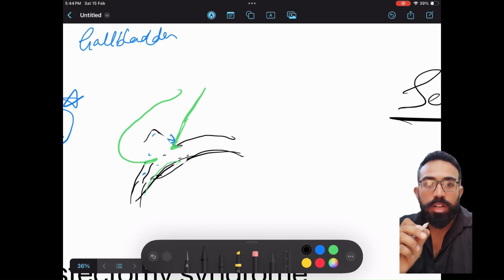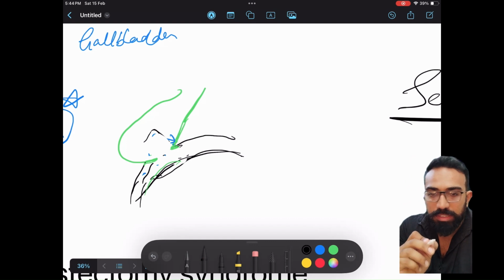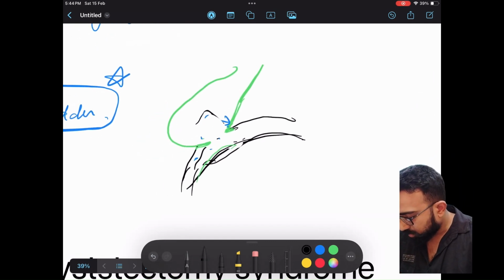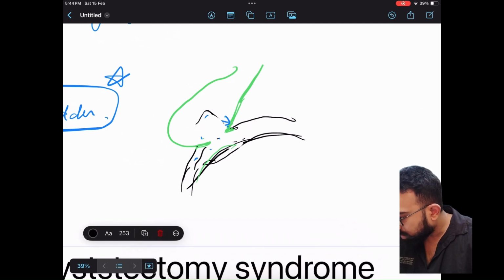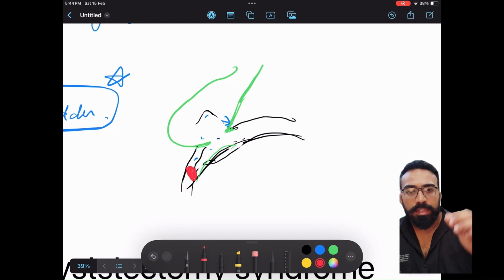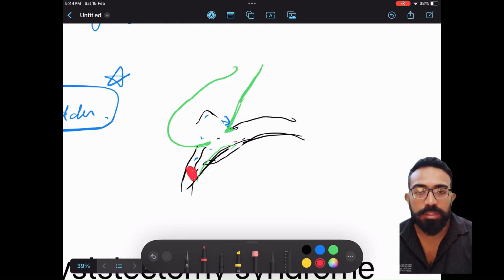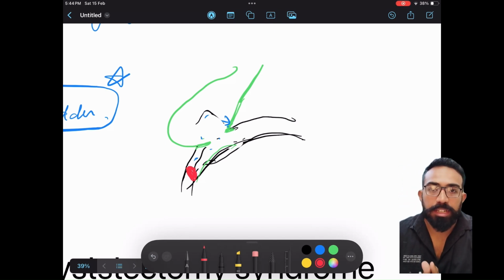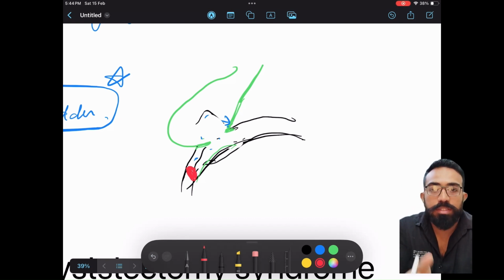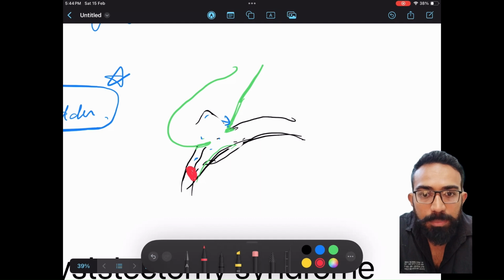Now, what I had not told you is that this gallstone which has left can create its own problems in the small intestine. How can it create its own problems? It can get obstructed somewhere. Where can it commonly get obstructed?